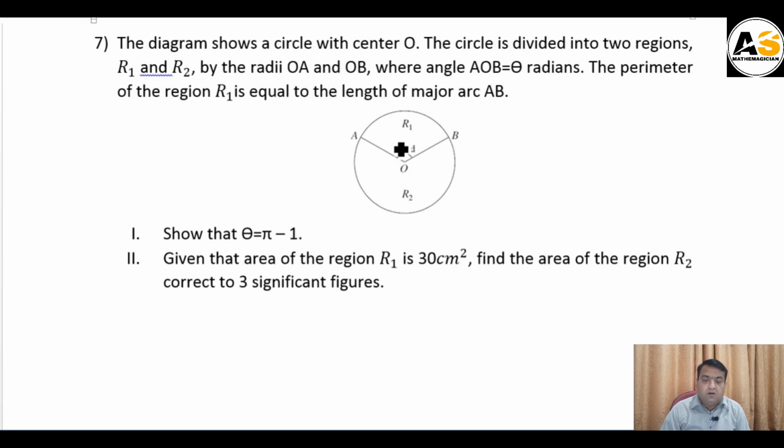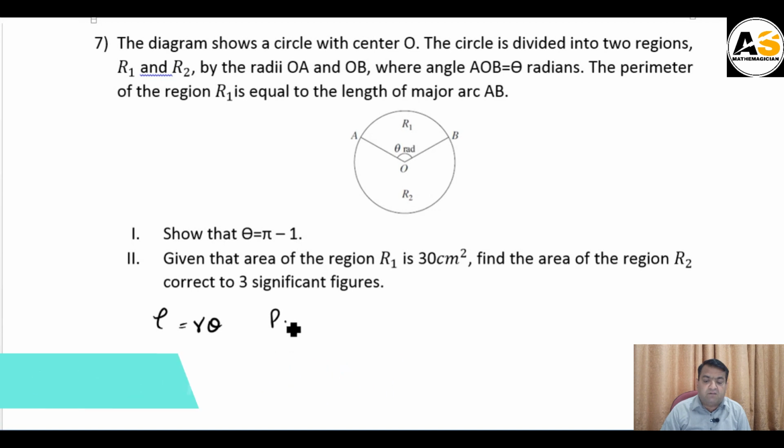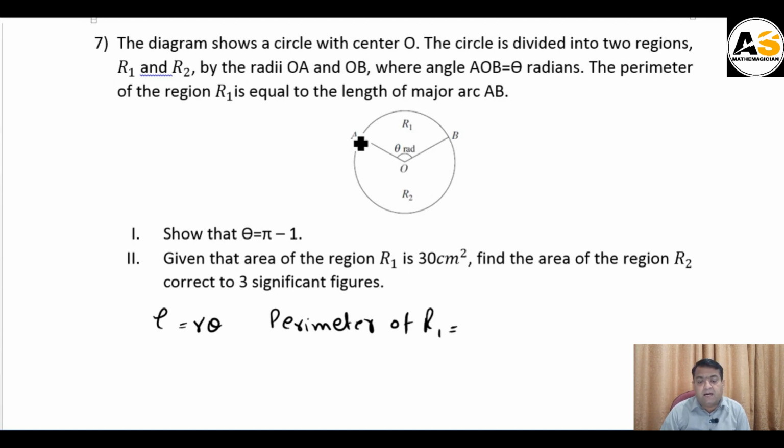First of all, what is this arc length AB? L is equal to R theta. And what is perimeter of region R1? This is R plus R plus this arc length, which is 2R plus R theta.